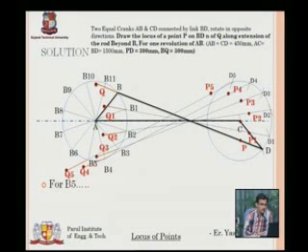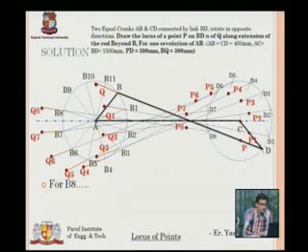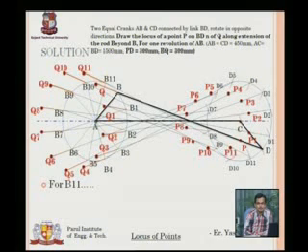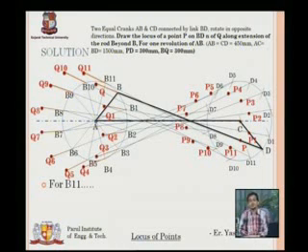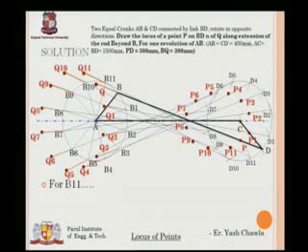Similarly for B5, B6, B7, B8, B9, B10, B11. Final. So what do I have? I have the different positions of the driving crank. I have the different positions of the driven crank. I have the different positions of the connecting rod according to that. I have the different positions of Q with respect to each and every position. I have the positions of P with respect to each and every position.